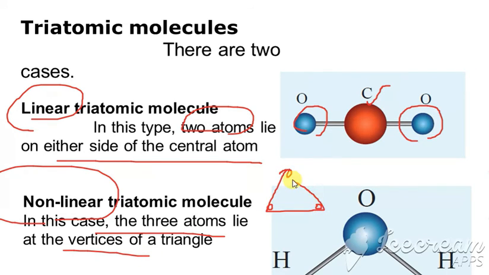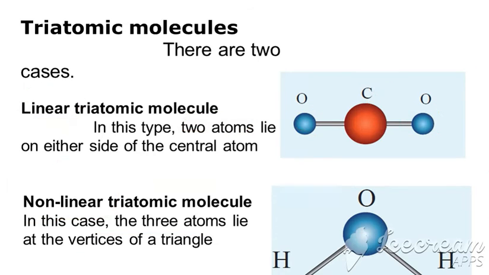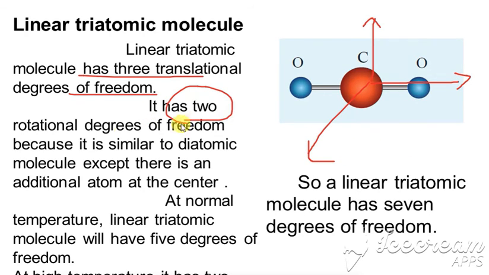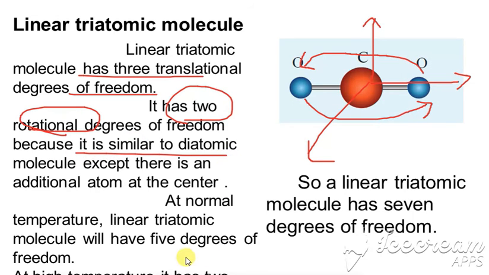First, in a linear triatomic molecule there are 3 translational degrees, as it may move in 1, 2 and 3. Then 2 rotational, because this can move over here and in the same way this can move over here. So it has 2 rotational degrees, and totally it has 5 degrees of freedom.